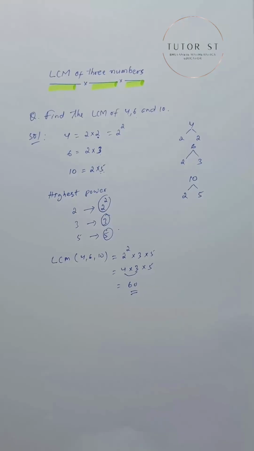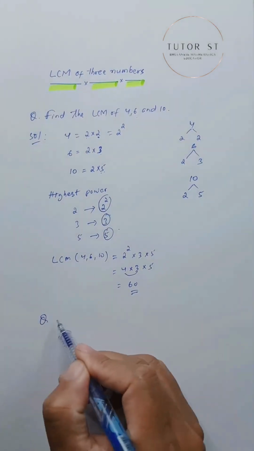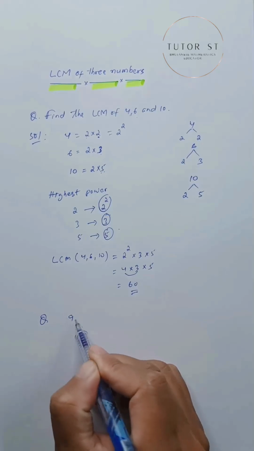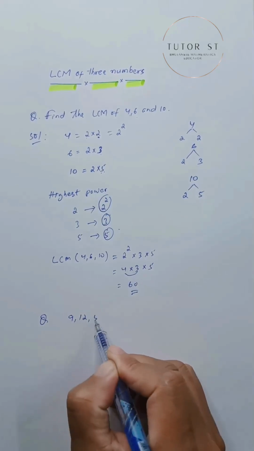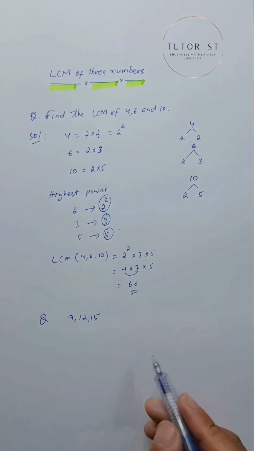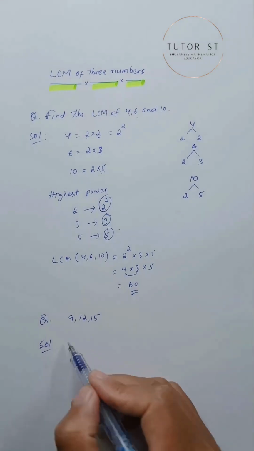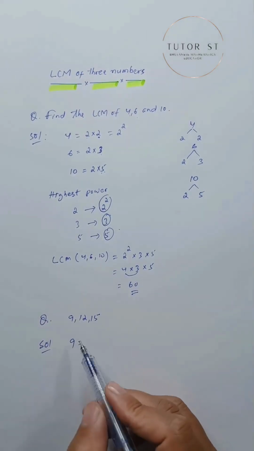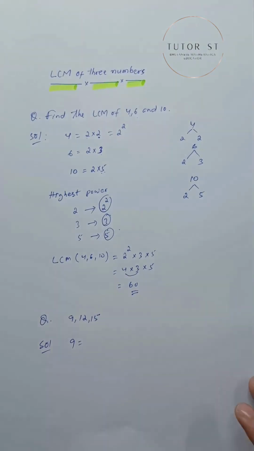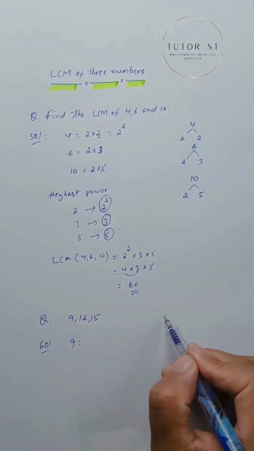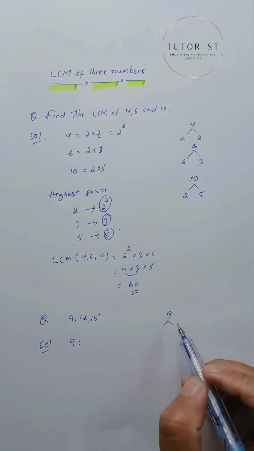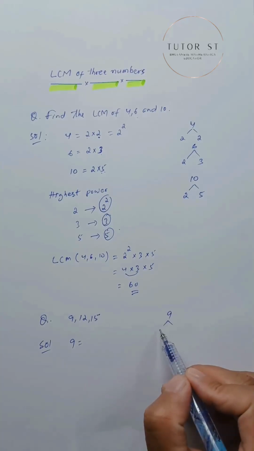Let us do one more question to reinforce your understanding. Suppose I have to find the LCM of 9, 12 and 15 using the same method. First of all, find the prime factors of 9. 9 is an odd number, therefore it cannot be divided by 2, so I'm not going to use 2.